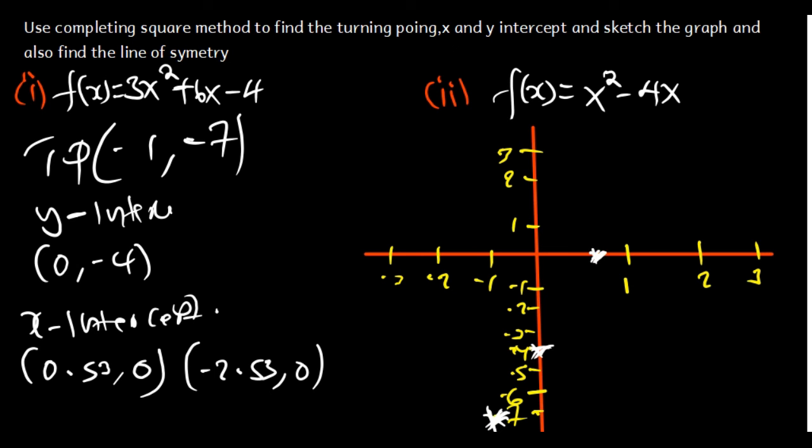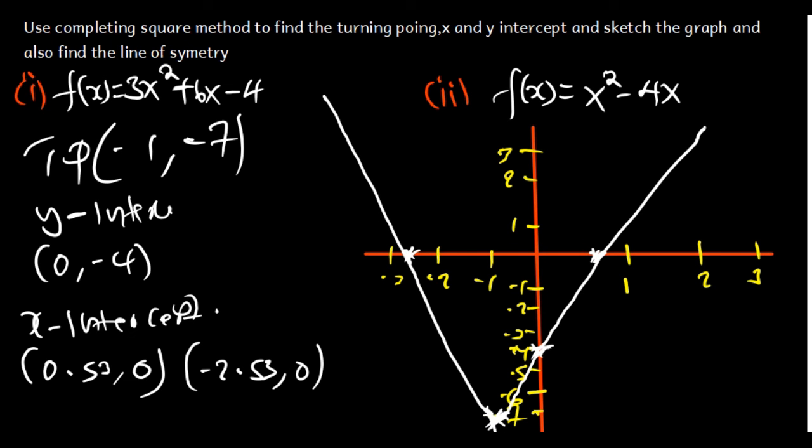Then we also have negative 2.53 comma 0, which is somewhere here. So the graph is supposed to come from here, go all the way to this point, then rest here, then go through negative 4, then go there. So that is our graph of f of x is equal to 3x squared plus 6x minus 4.